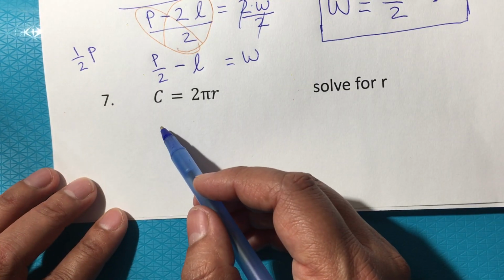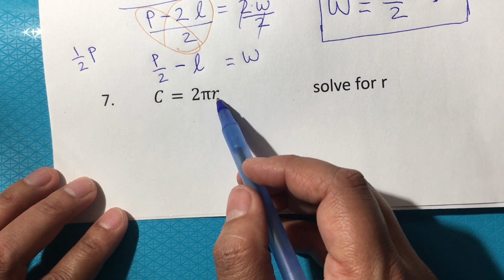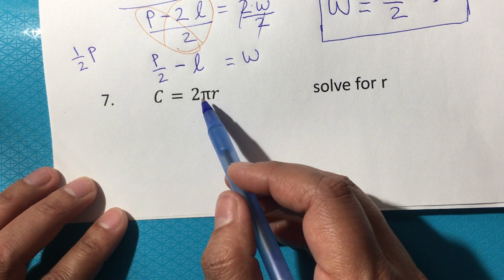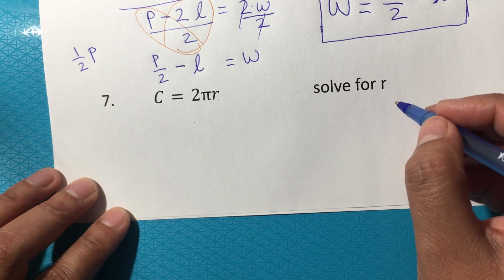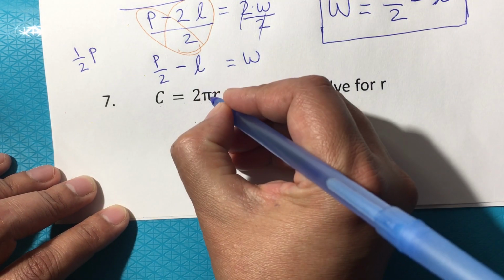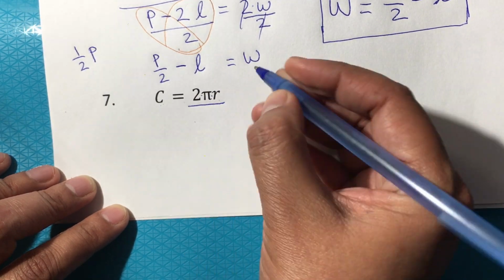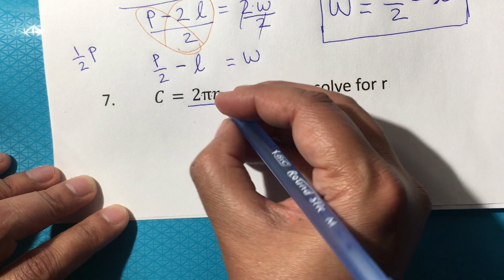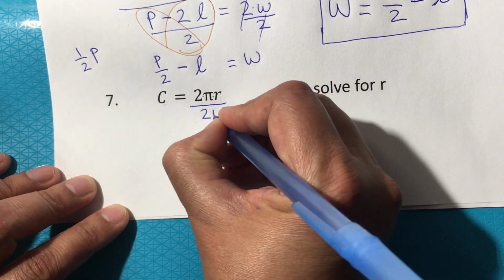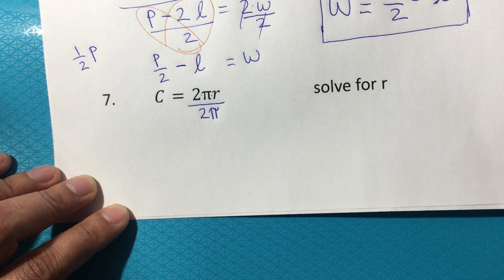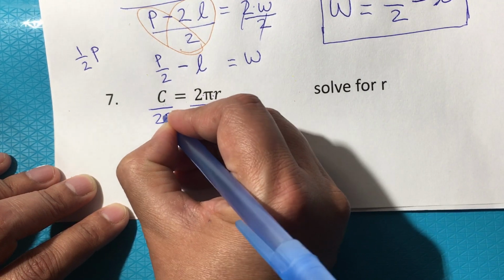Now this formula, you might be familiar with it as well. It's circumference equals 2 pi r, or the circumference is equal to 2 times pi times the radius. And again, they want us to solve for r, meaning the radius. This is easy because all of them are multiplication. So in multiplication, you can just take the entire other ones that you're not canceling. If we're multiplying times pi and times 2, we can divide by 2 pi all at once, only when all of them are multiplying.